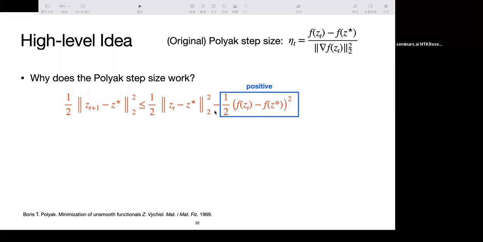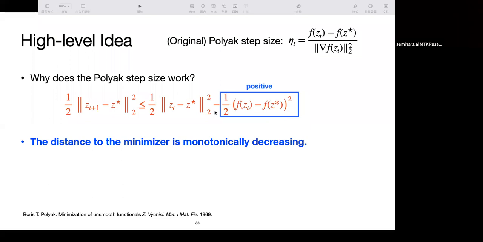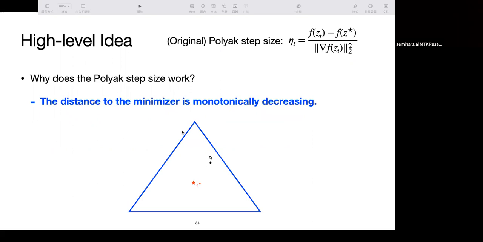So what does this inequality mean? It means that the distance to the minimizer is monotonically decreasing when we use the Polyak step size. Let me draw a picture to explain it.